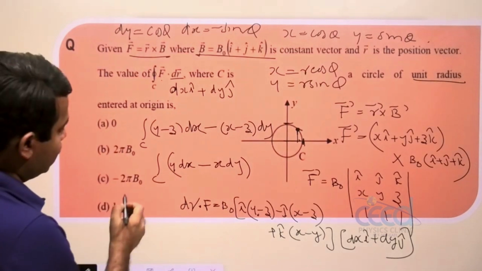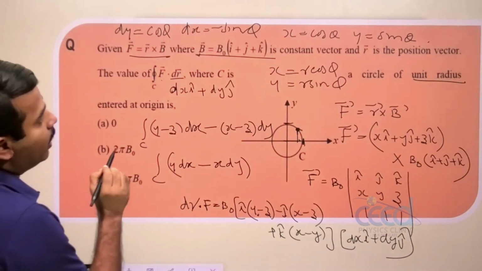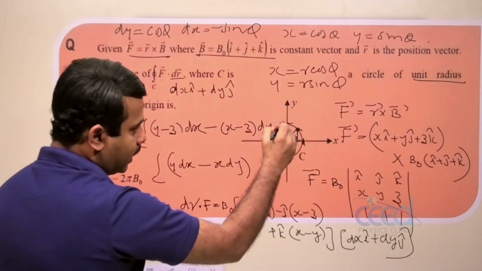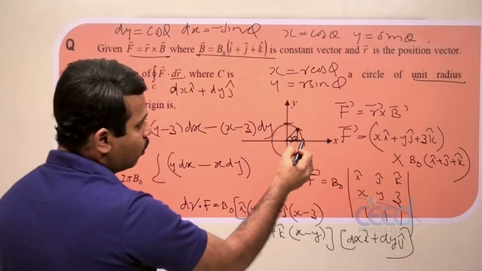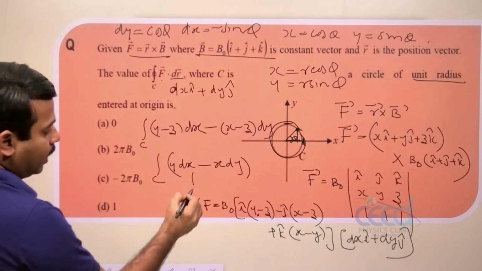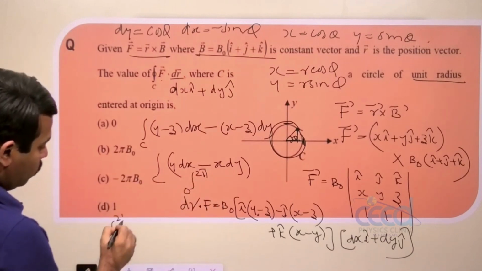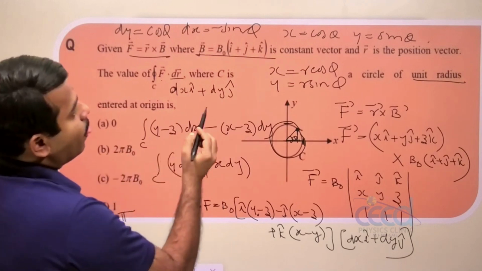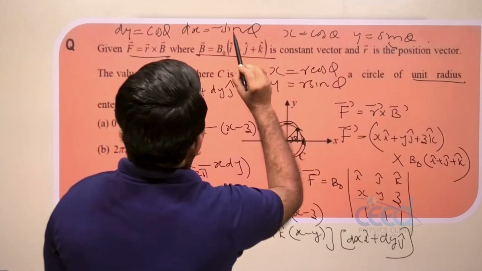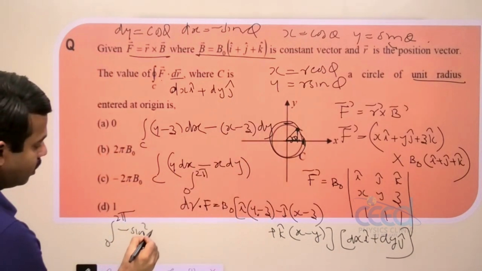By substituting these values here, in the curved integral, theta is varying from 0 to 2 pi. Suppose this is theta, this theta can vary from 0 to 2 pi, right? So you can take the integral from 0 to 2 pi. What is y? y is sin theta, dx is minus sin theta, then minus sin square theta.